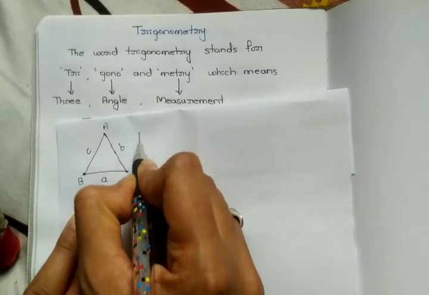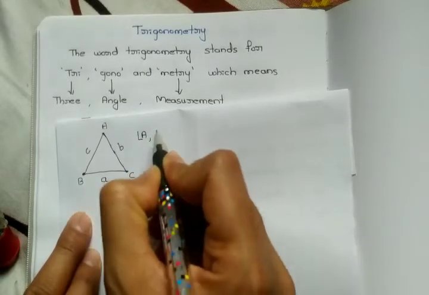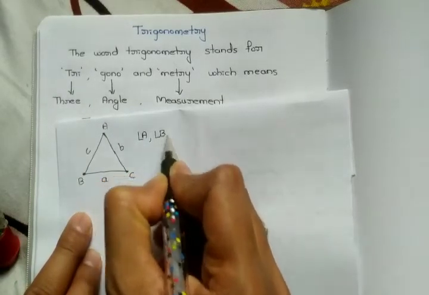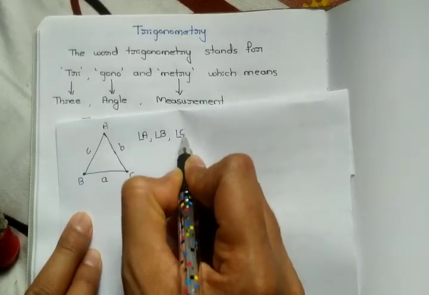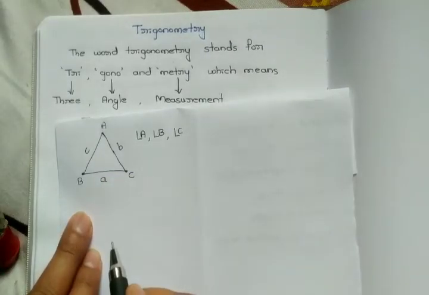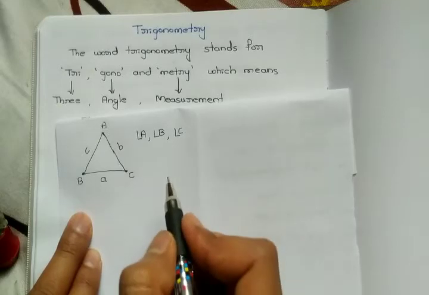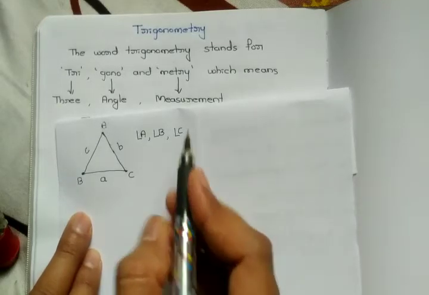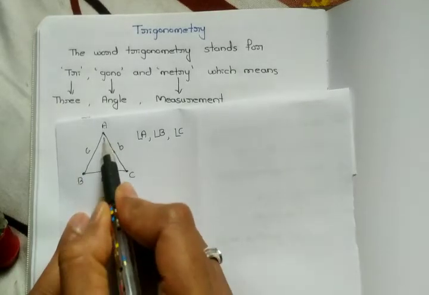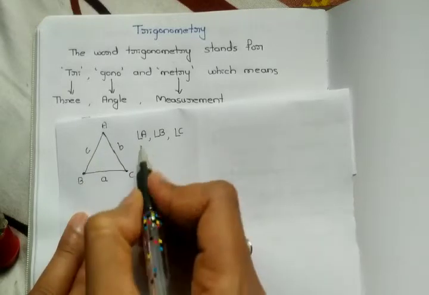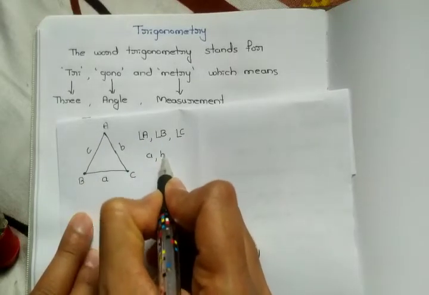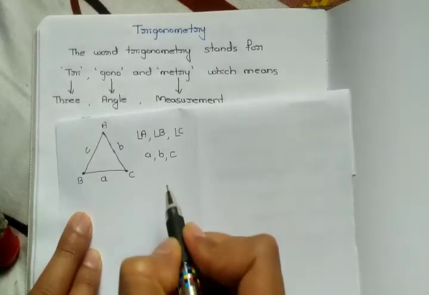How many angles can we measure? 3 angles. Angle A, angle B, and angle C can be measured, and we can also find the length of the sides. How many sides? 3 sides, that is a, b, c.